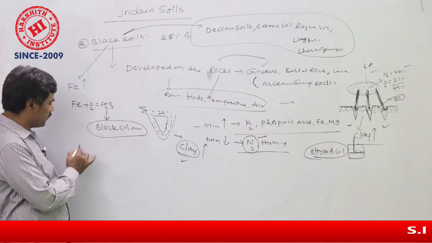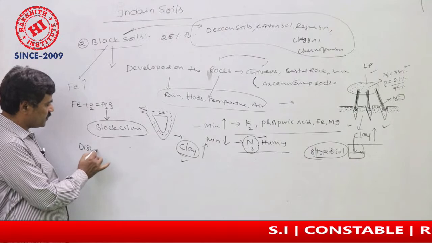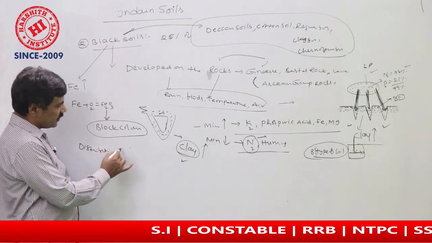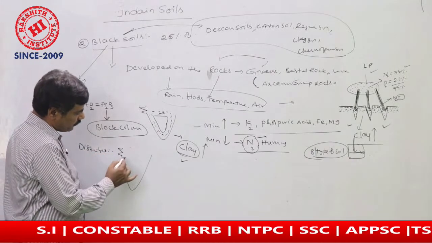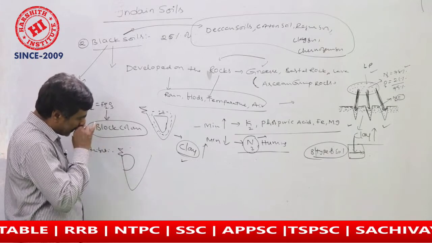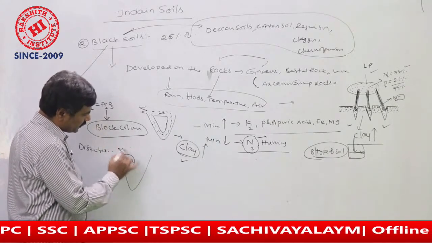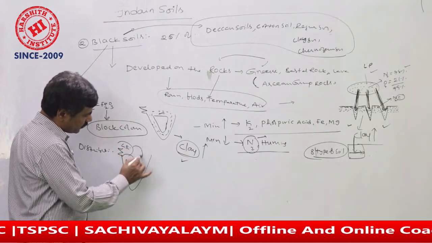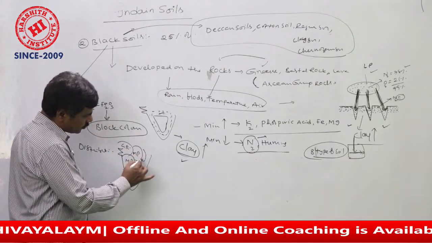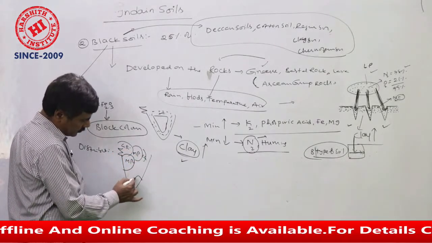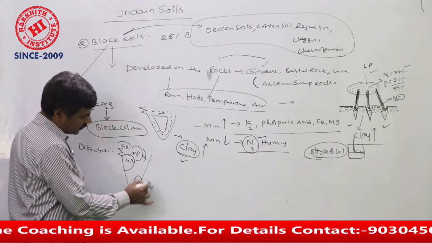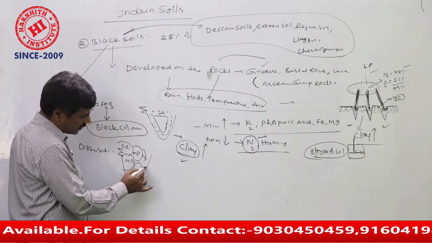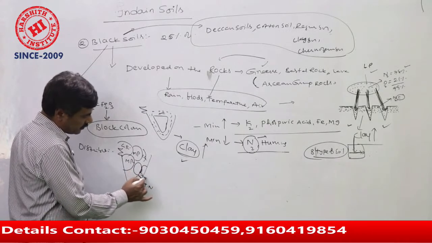soils, the maximum distribution of these soils in India is in Maharashtra, which is number one. Second is Gujarat. Third is Madhya Pradesh, and also Chhattisgarh and Tamil Nadu. In Andhra Pradesh, this type of soil is mostly in Rayalaseema.